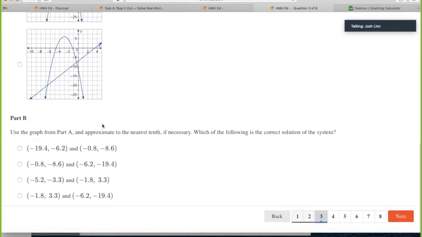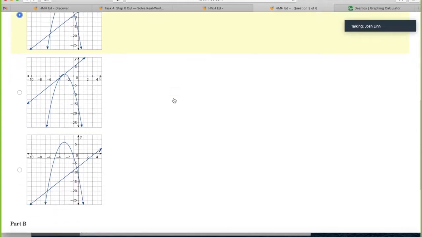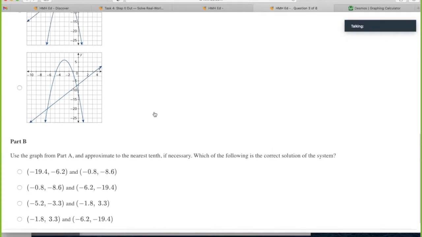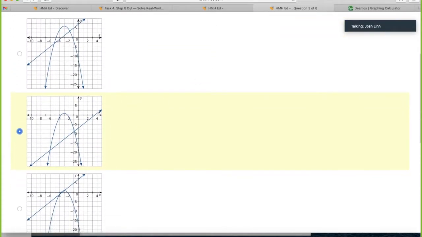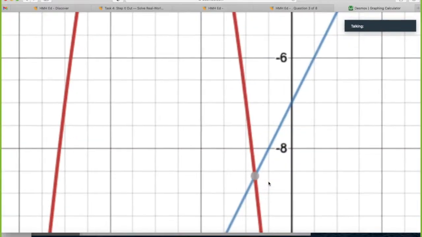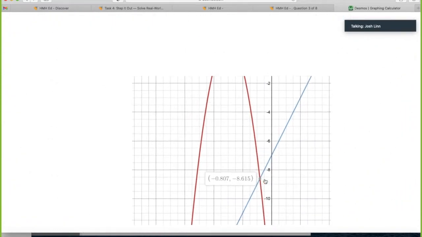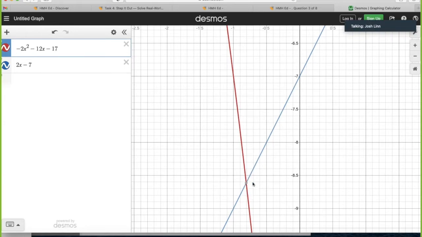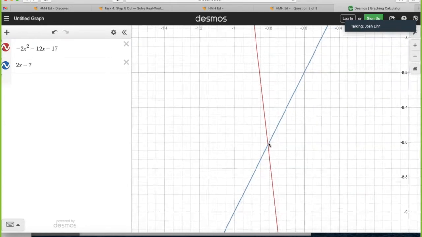Use the graph in part A and approximate to the nearest tenth if necessary. Which of the following is the correct solution for the system? So we can come up here, and in Desmos you can get real close on. It works very similar to how your iPad would work or whatever.